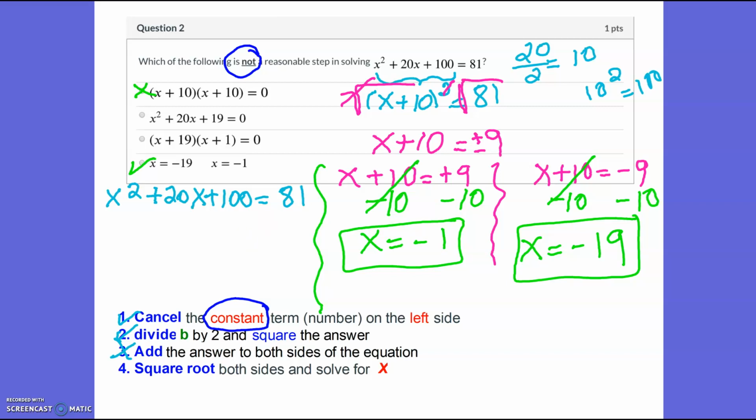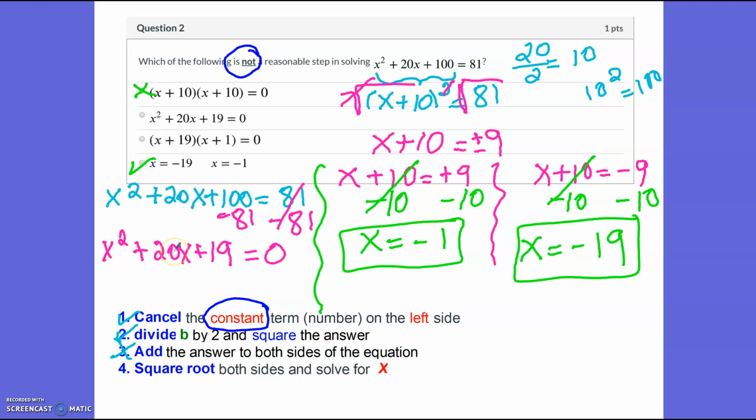To do that, we will cancel 81 on this side. 81 minus 81, and here we'll subtract 81. This is going to cancel. And on this side, now I will have x squared plus 20x plus 19, okay, equals 0.